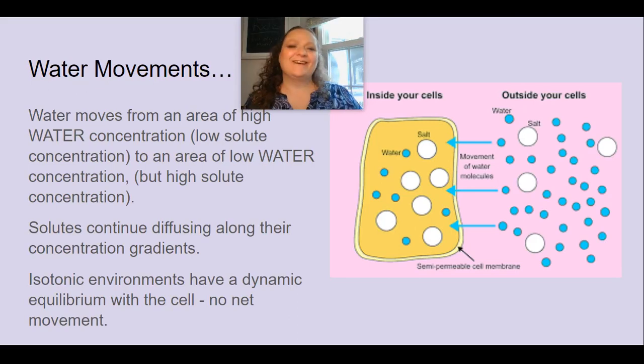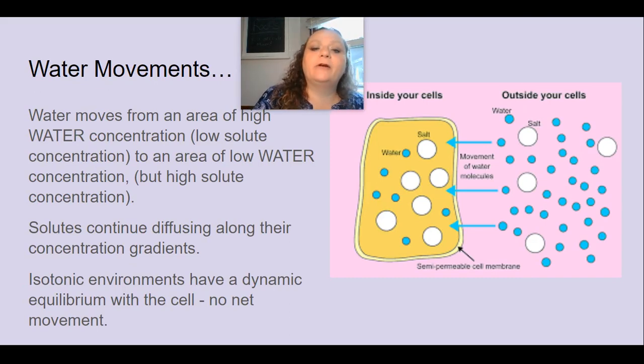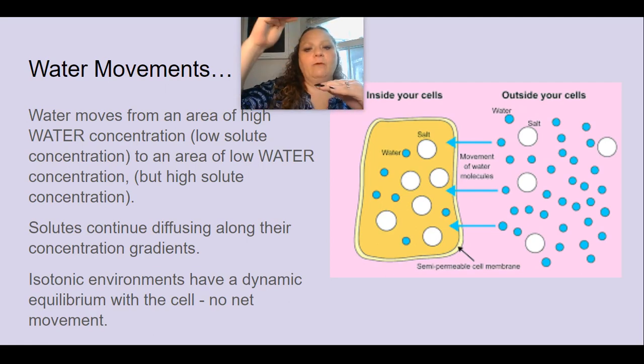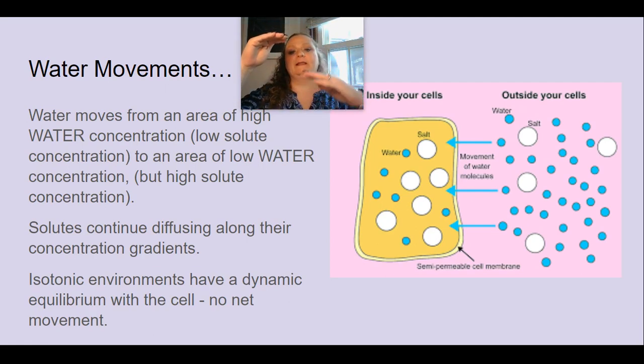I'm going to read this to make sure I say it exactly correctly. Water moves from an area of high water concentration or low solute concentration to an area of low water concentration, which has high solute concentration. Okay. I want you guys to think of it this way. If we have high water concentration, that automatically means we have a lower solute concentration.